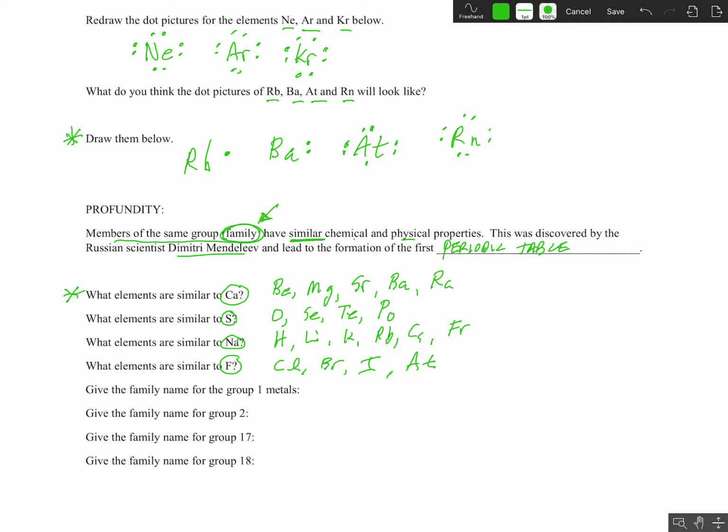Now, some of these families actually have family names. So for instance, group number 1, the metals in group number 1 are called the alkali metals. Now that doesn't include hydrogen. It's not considered to be a metal. The family name for group number 2 are called the alkaline earth metals.